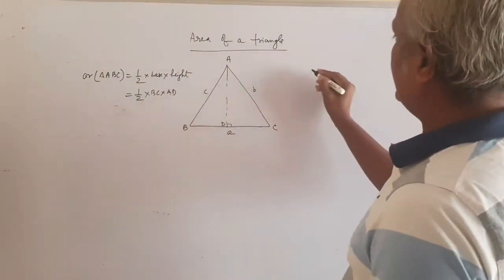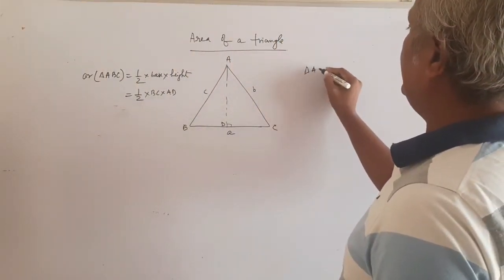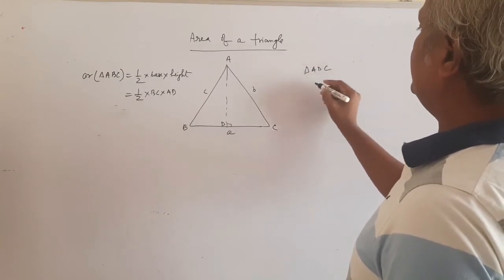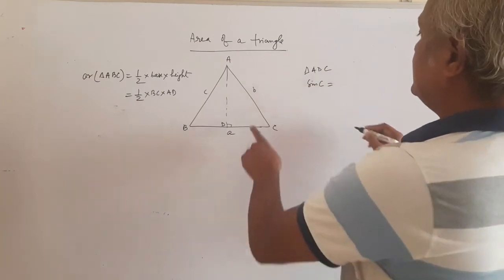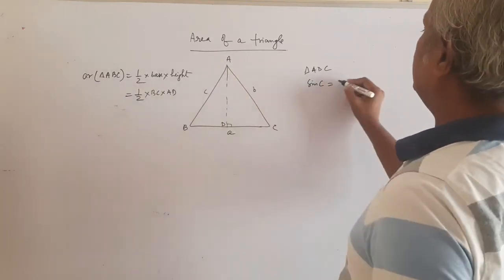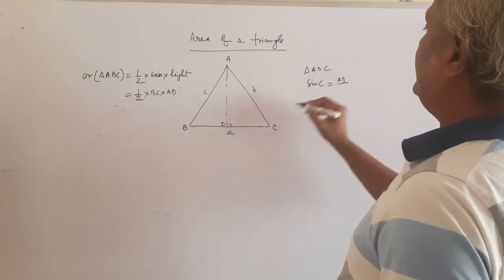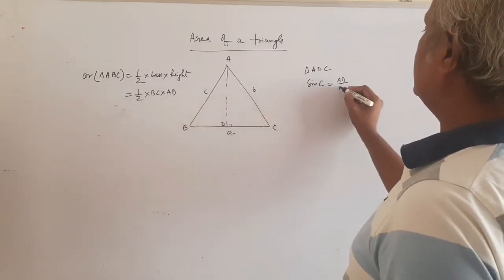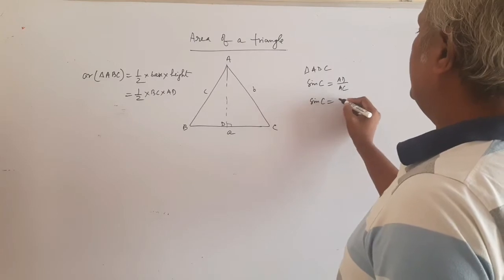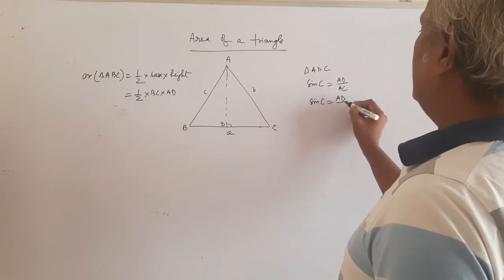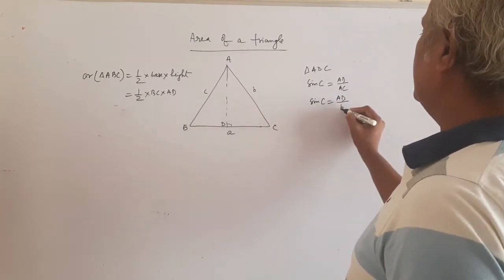If you use this triangle, in triangle ABC, sine C means sine of this is opposite, which is AD, upon hypotenuse, which is AC. So sine C is AD upon AC, which is b.